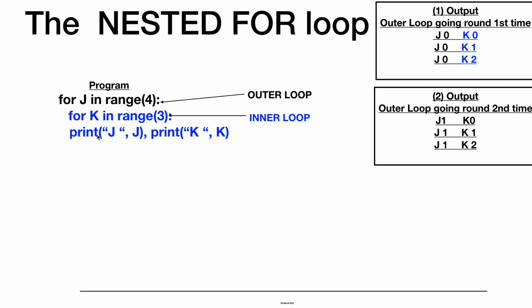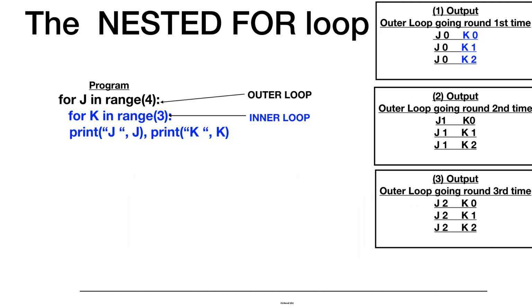So you get j is 1, because j has retained its value of 1, and k is now 1. Then you go round this loop again, and the value of k is now 2. So j 1, because j retains its value of 1, the new value of k is 2.